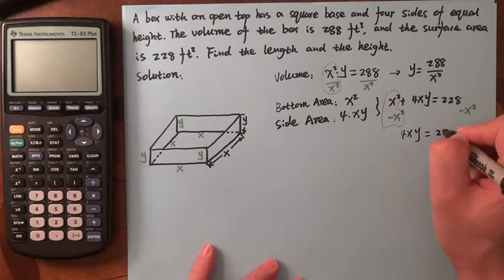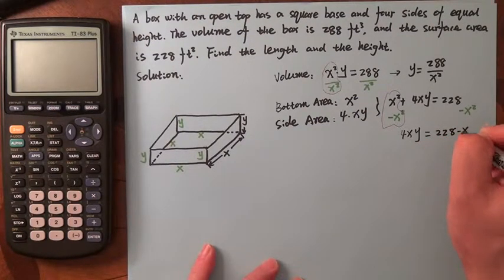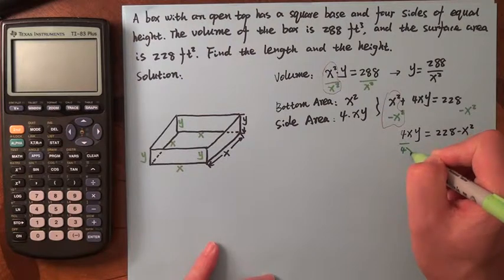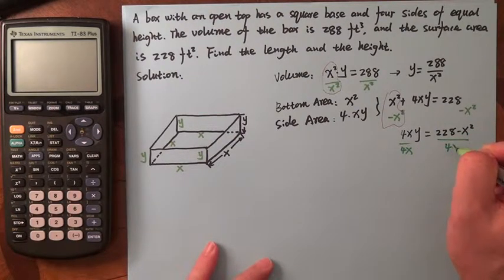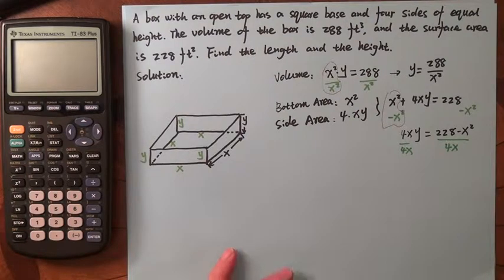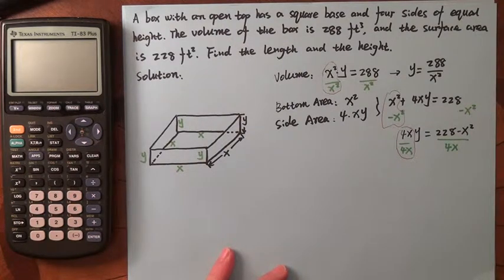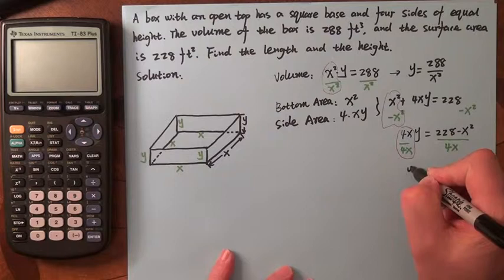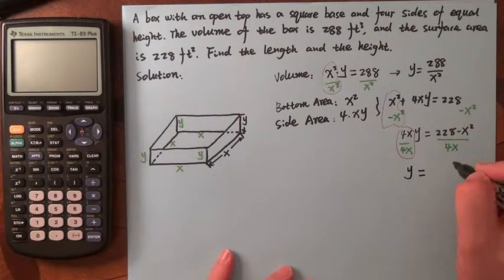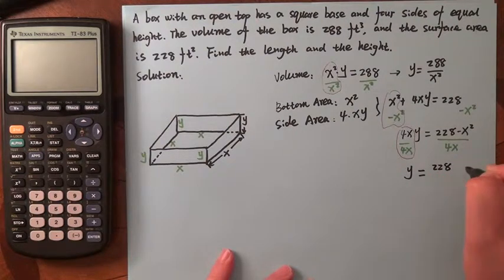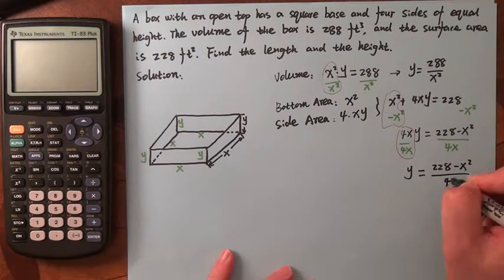The right hand side is 228 minus x squared. Then you divide by 4x on both sides, so you cancel this one. So what we get will be y on the left, and here we will have 228 minus x squared divided by 4x.